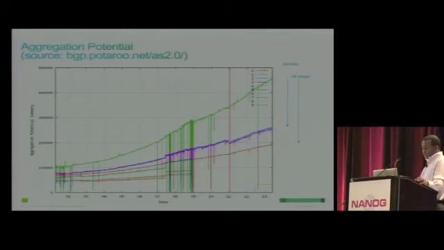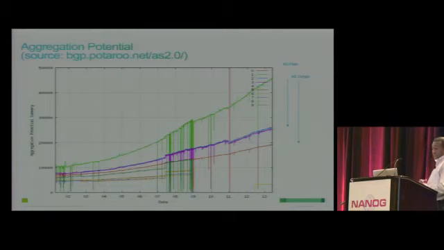The next line, the purple line, shows you what it would be if it is aggregated based on the AS paths. If you aggregate prefixes based on identical AS paths, you can reduce it to almost 250,000.